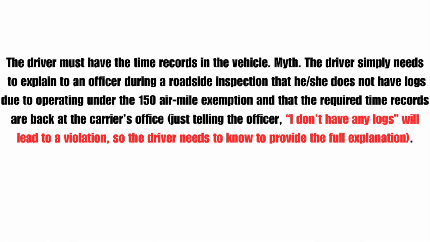The next frequently asked question or myth: the driver must have the time records in the vehicle. That's a myth. The driver simply needs to explain to the officer during a roadside inspection that he or she does not have the logs due to operating under the 150 air mile exemption, and that the required records are back at the carrier's office. You can't just say, I don't have logs.